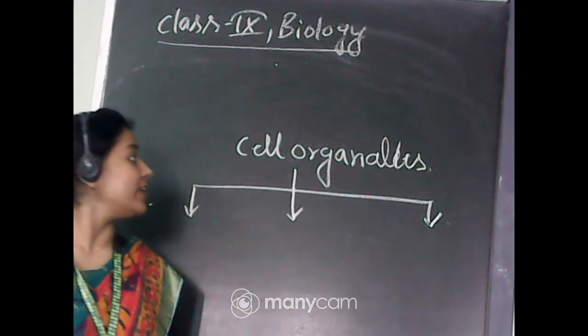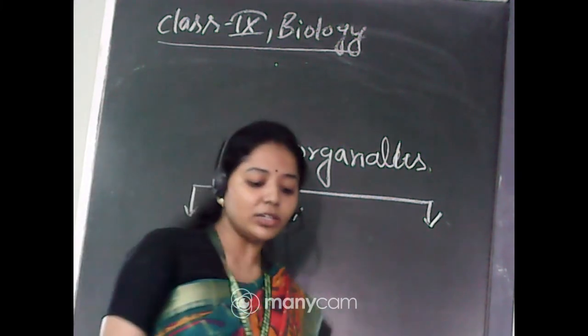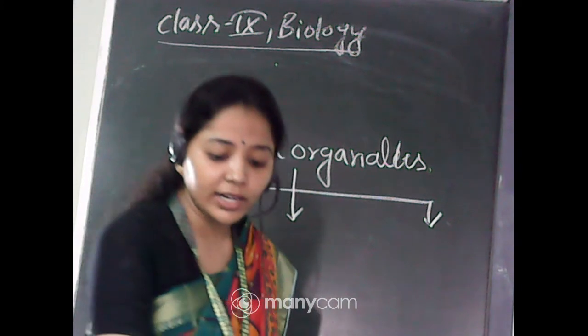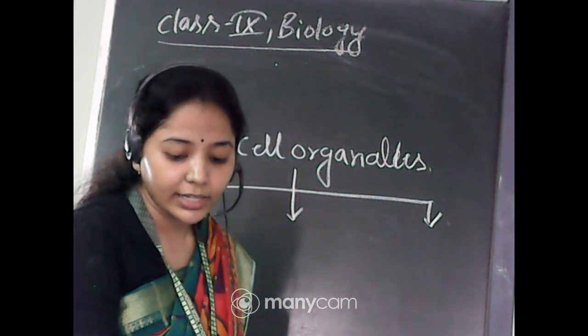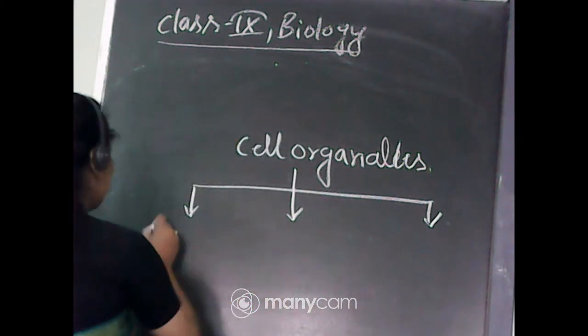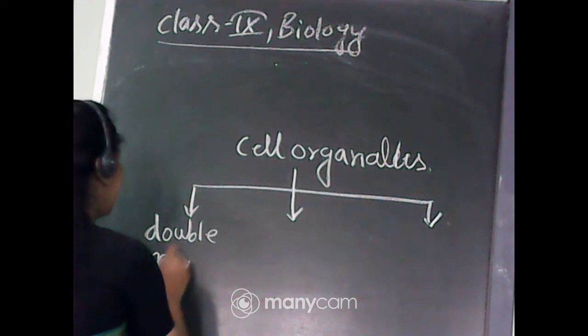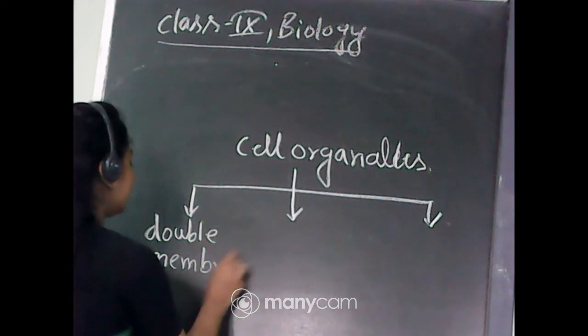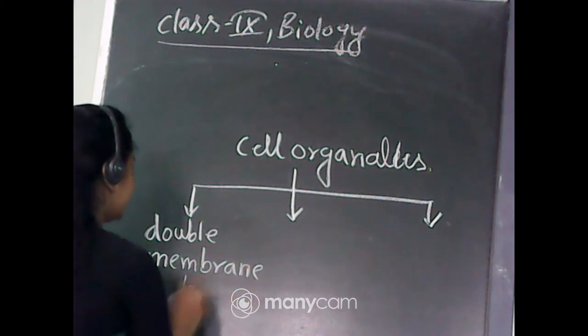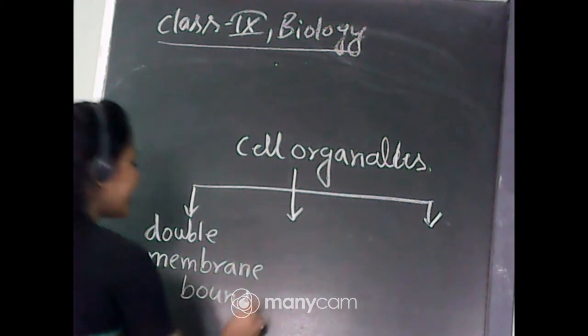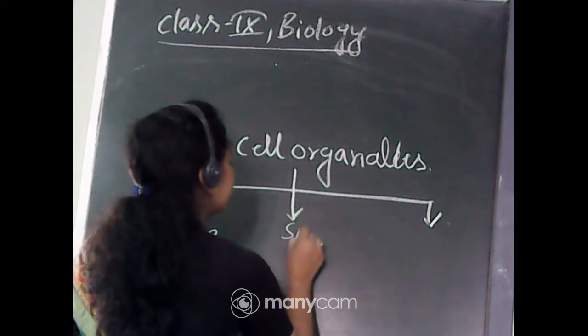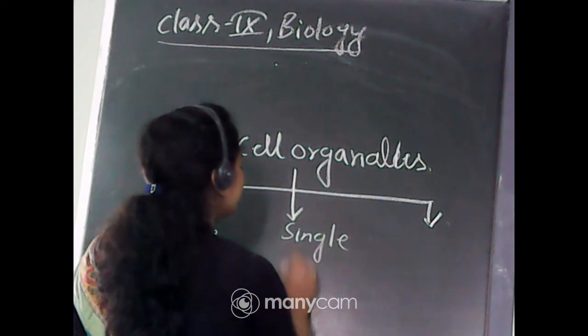What are those? First one, you can write, double membrane bound. Second category, single membrane bound.